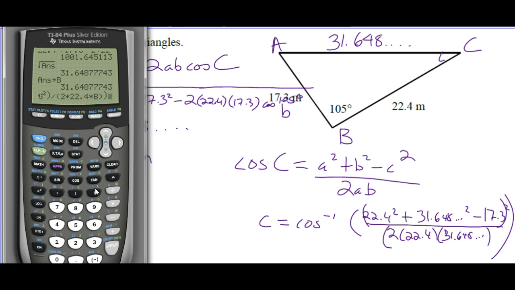I've already put cos inverse. If I didn't put cos inverse, I can get a number between 0 and 1, and I'll say, wait, that's too small. So then we hit enter, and we get 31.87 degrees.